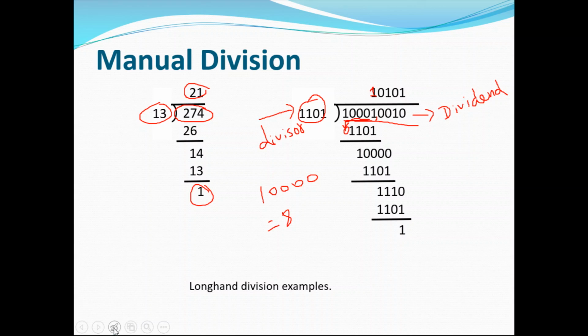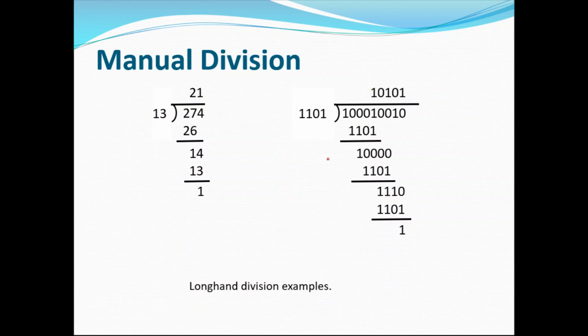After that, what should you do? 0 minus 1. But how will you do 0 minus 1? You cannot, so you have to borrow. There is a 1 here. If you borrow, the 1 can come here, so this will become 1 0.